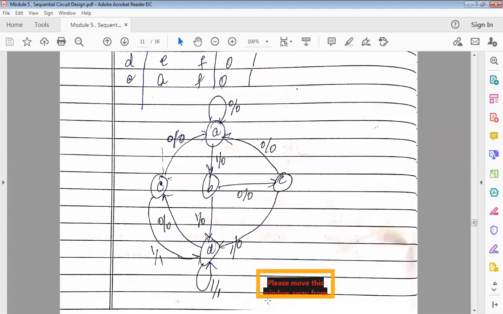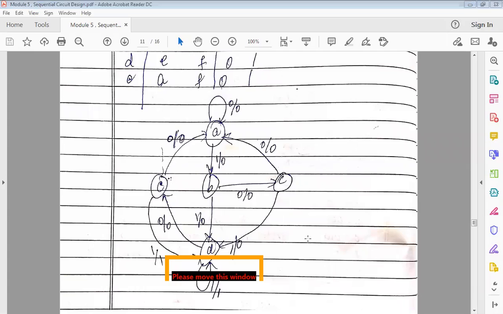Yes, you can unmute and respond. Surya, you can unmute and respond. What doubt is it?